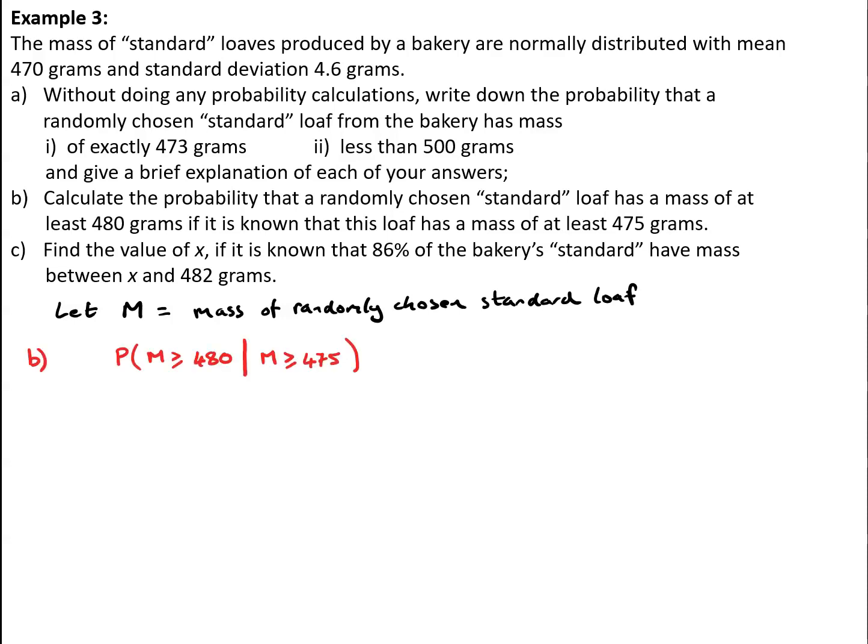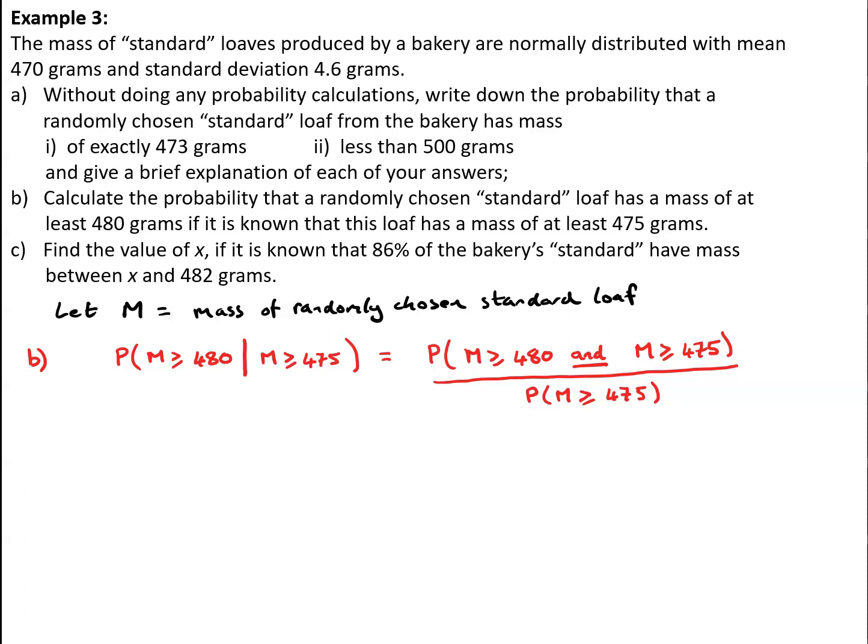So, we're after the probability that m is greater than or equal to 480, given that m is greater than or equal to 475. Using the rule for conditional probabilities, that's the probability that m is greater than or equal to 480 and m is greater than or equal to 475, divided by the probability that m is greater than or equal to 475.